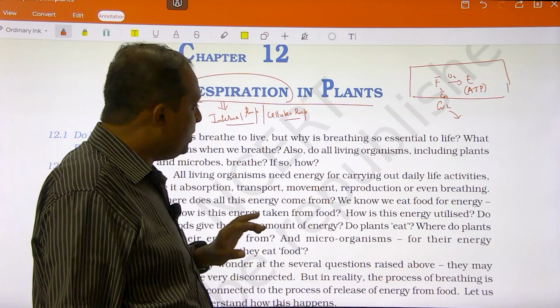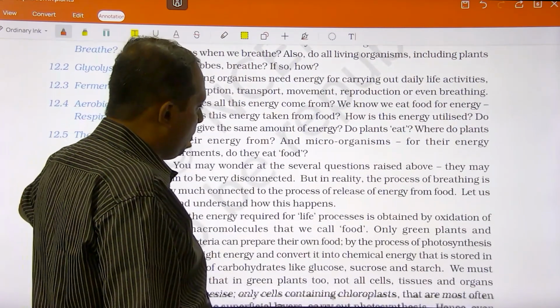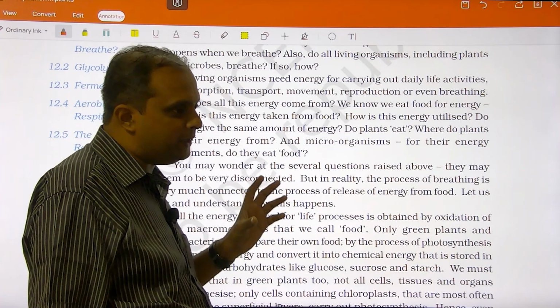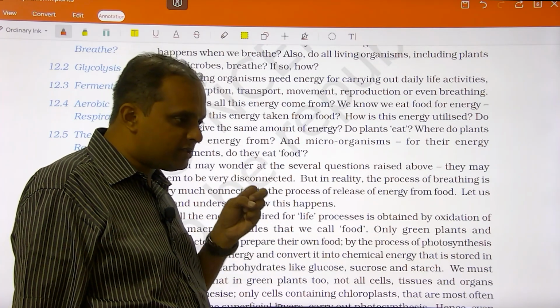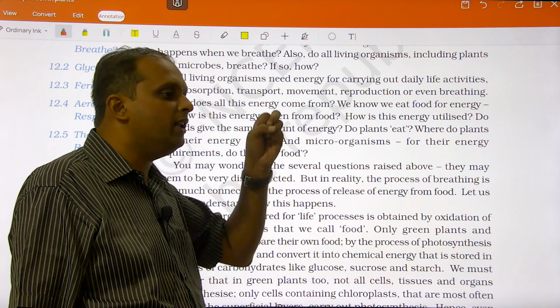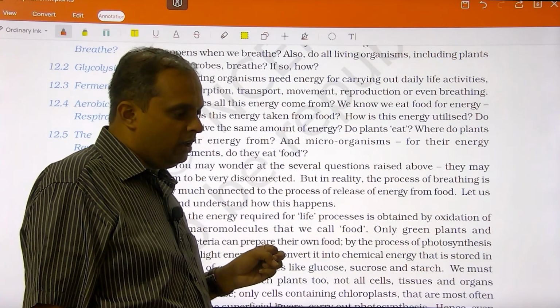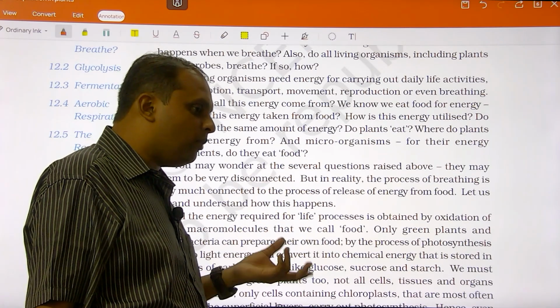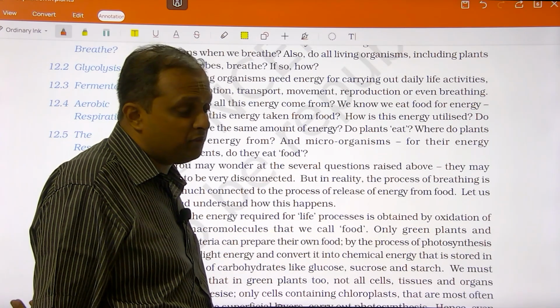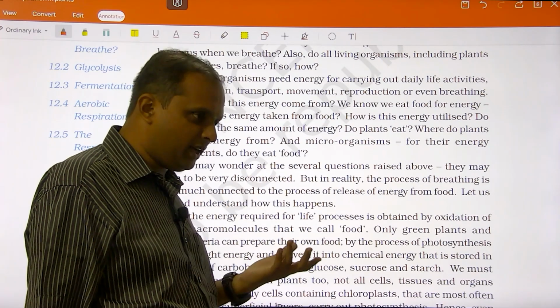So what is the summary of this? Food getting liberated to energy is a universal phenomenon happening in all living organisms, including plants. For this, food is required, and oxygen is required. Where does the food come from? Sunlight.